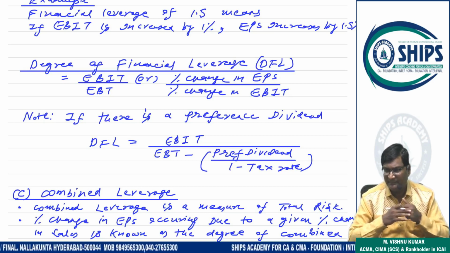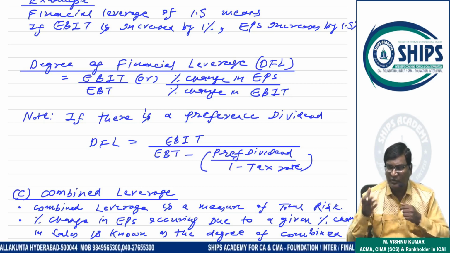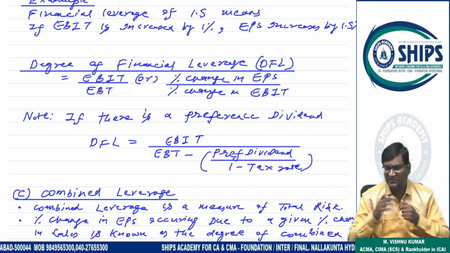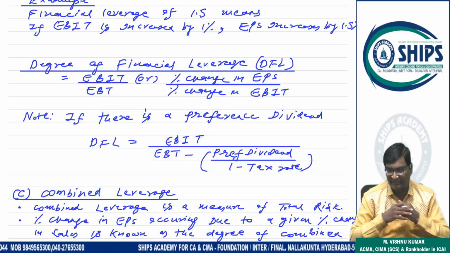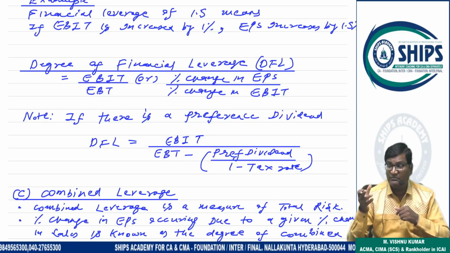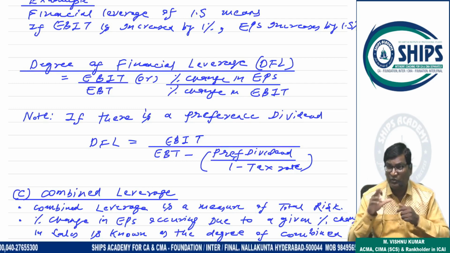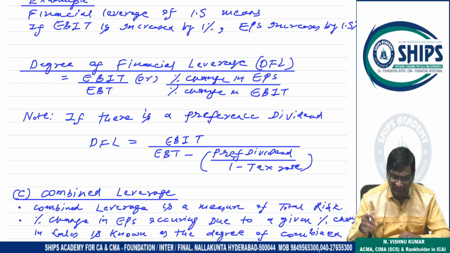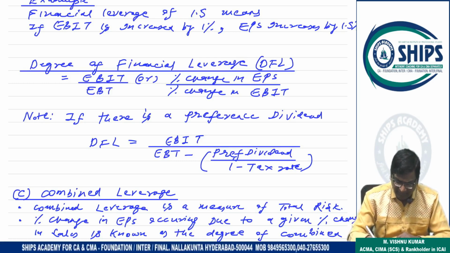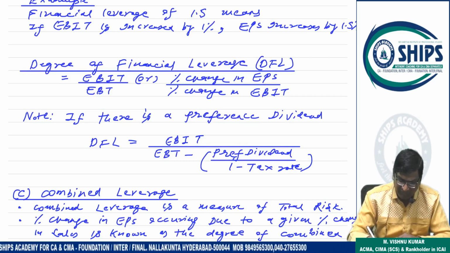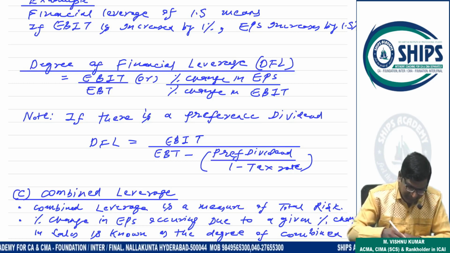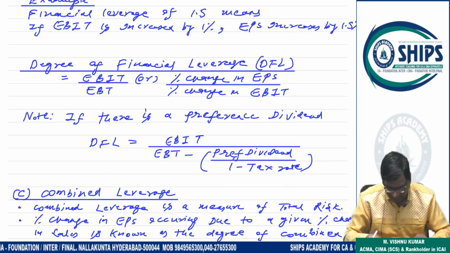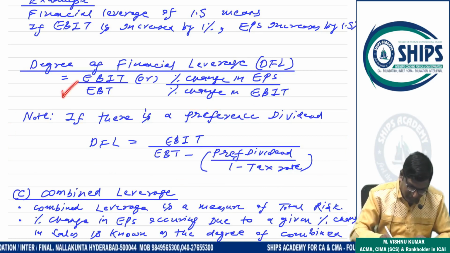From earning before tax, if you subtract the complete before-tax preference dividend, then net earning will come. I will explain one more time. Don't worry. When we start practical questions, I will explain this in more detail. Right now, you should concentrate on these formulas.